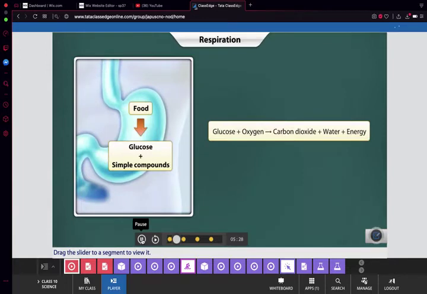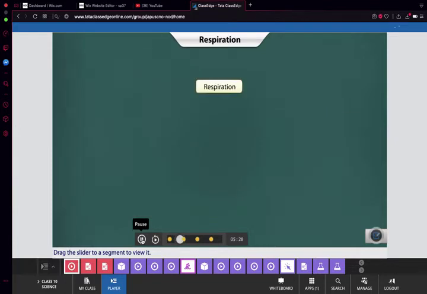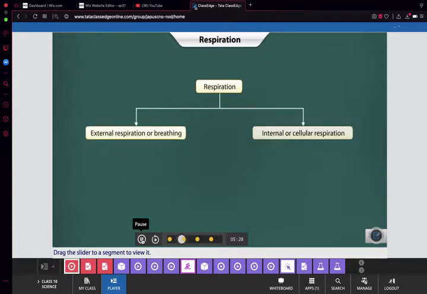Glucose is then oxidized in the cells to release energy, carbon dioxide, and water. This process of oxidation of glucose is called respiration. Respiration involves two steps: external respiration or breathing, and internal or cellular respiration. Let us learn about these two steps in detail.